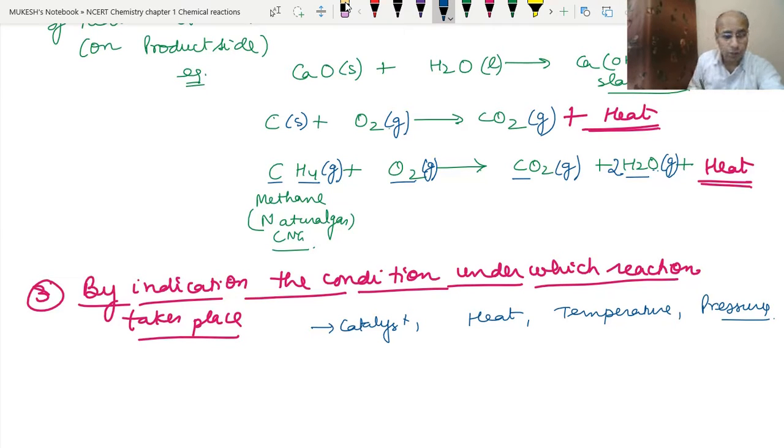Okay, now in some cases we may require the heat to be given from the outside. In that case either we can write plus heat or we can just put the sign of the heat.